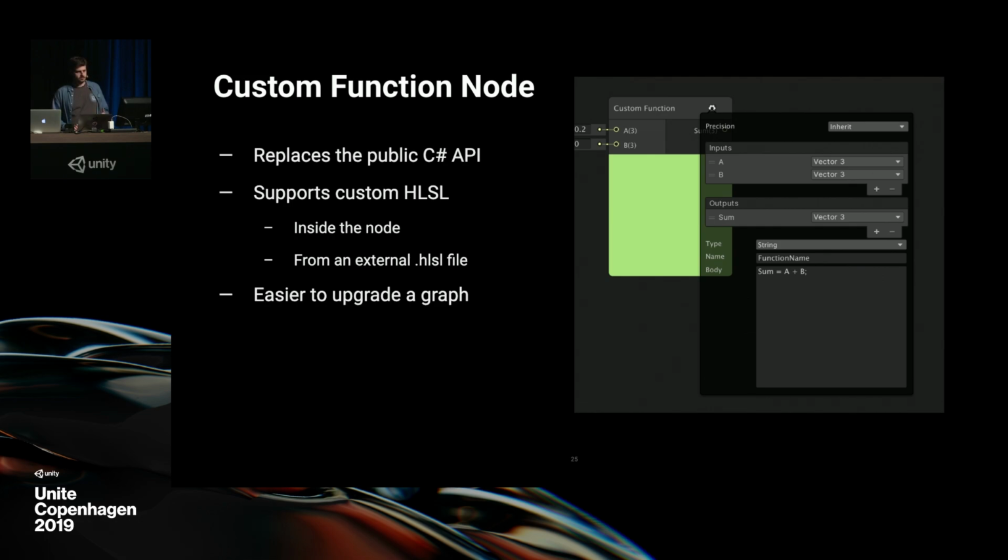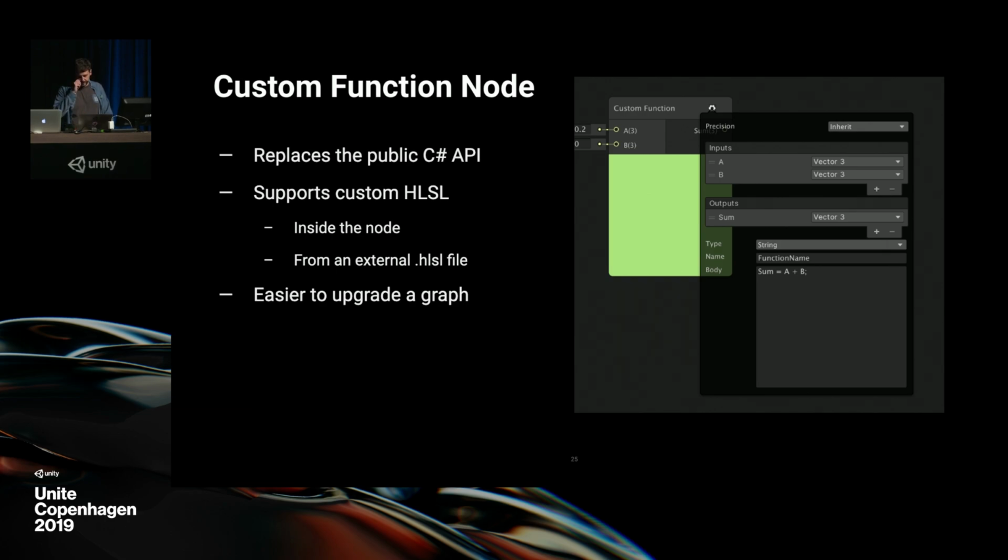The Custom Function Node also makes it easier for us to upgrade a graph, because as we work on the functionality around the node, we can upgrade all that is surrounding it without breaking your graph. While before, with the C# API, because it was using reflection and stuff, we needed to write something a bit smarter, and the potential for breaking your custom nodes was higher.